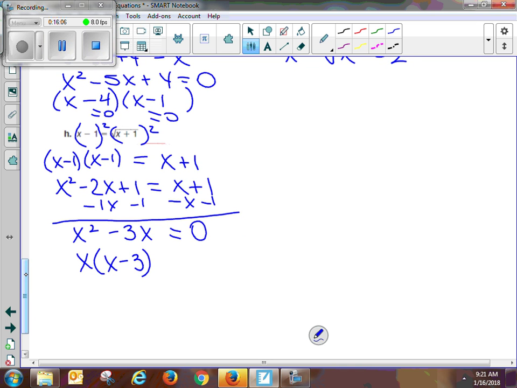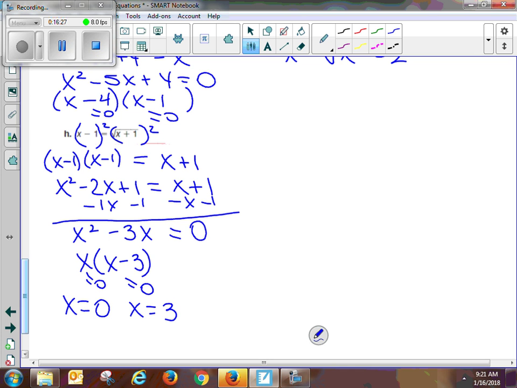And we're going to set both of our quantities equal to 0. And solve for x, and then we're going to do a check. Again, one of these checks, one of these does not. Which one does not check?